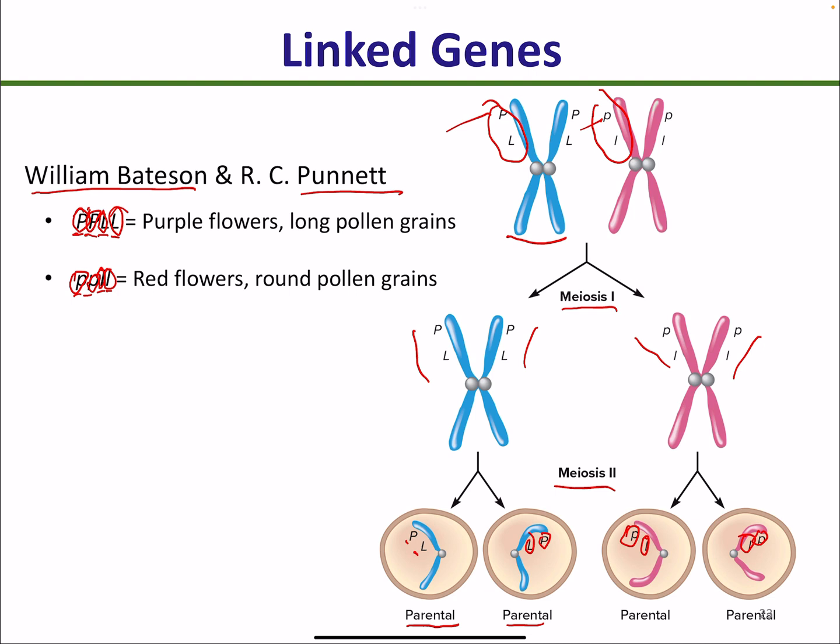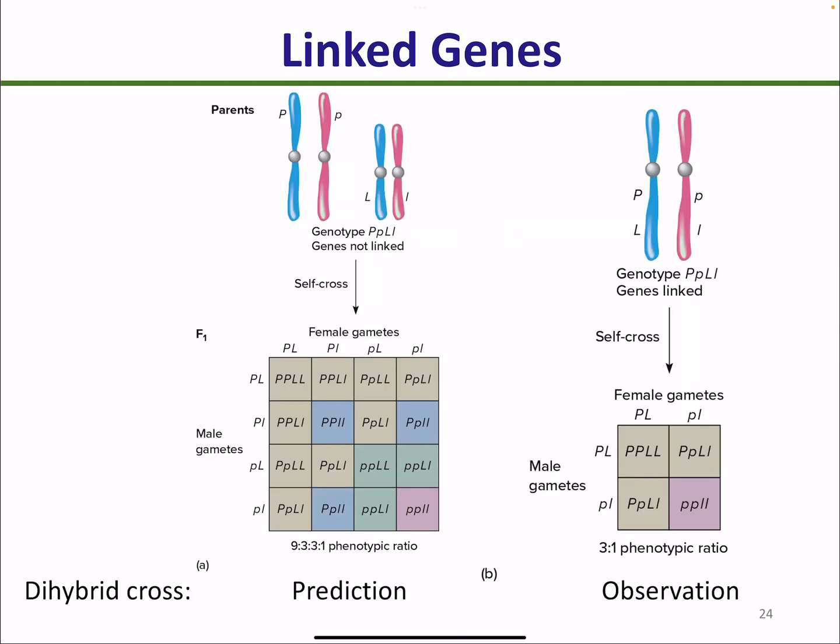Between non-sister chromatids. In other words, between this leg and this leg, we can see a crossing over developing, and that is actually going to lead to a number of interesting features, okay?